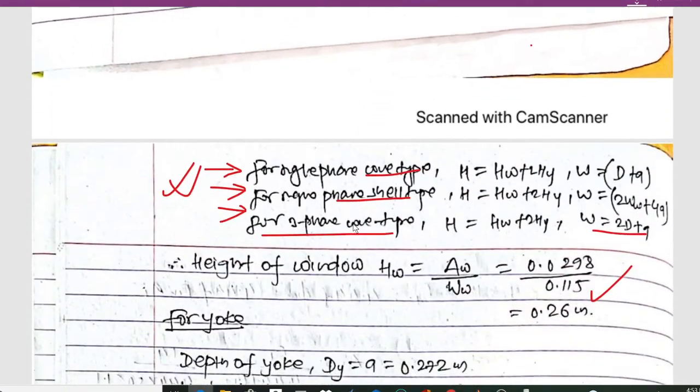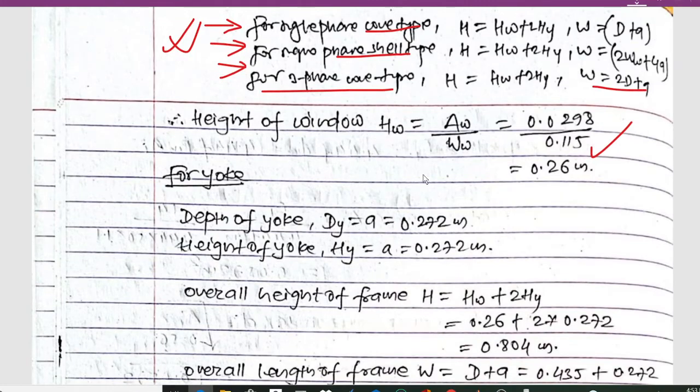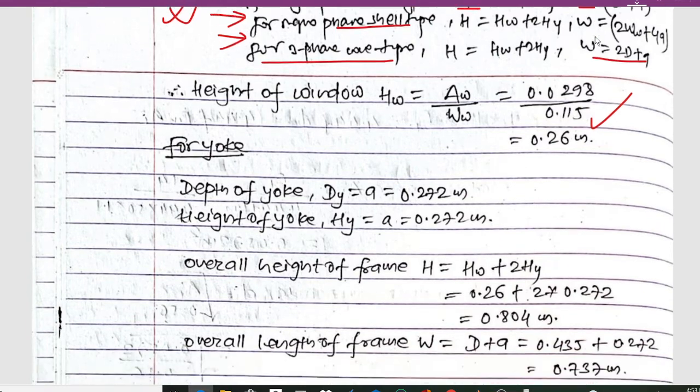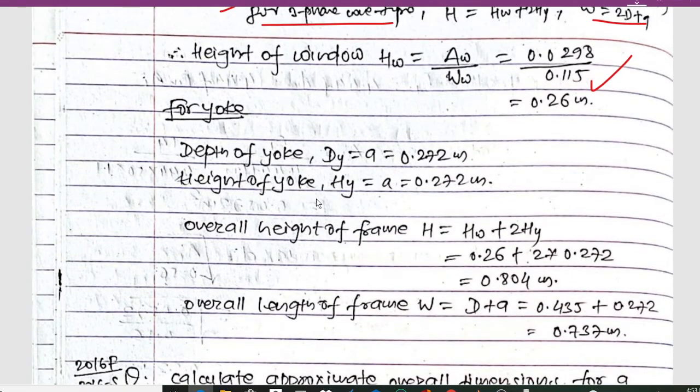So here we can use the overall height of frame S equals Sw plus 2Sy, and we have obtained the value of Sw as 0.26, plus 2Sy, and in place of Sy we have a, with the value of a as 0.272. So on solving we will get the overall height of frame as 0.804 meters.